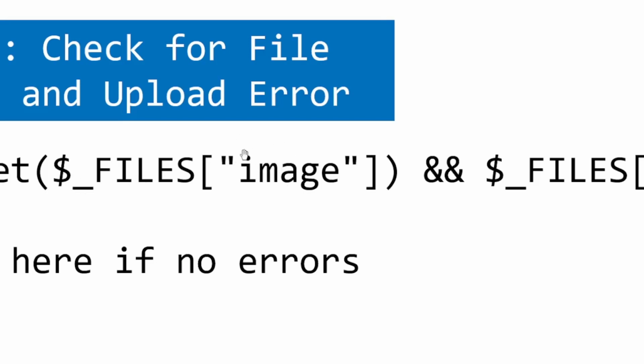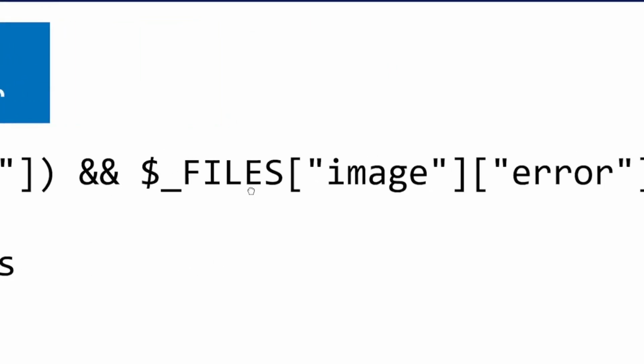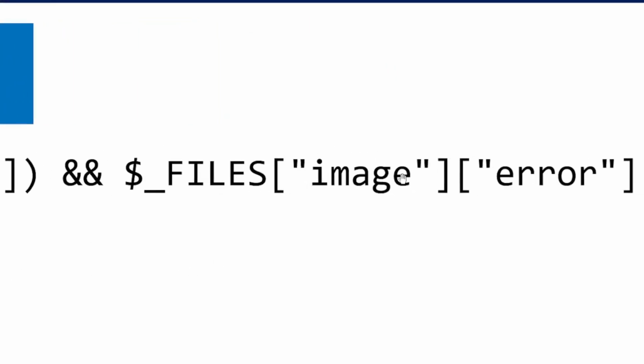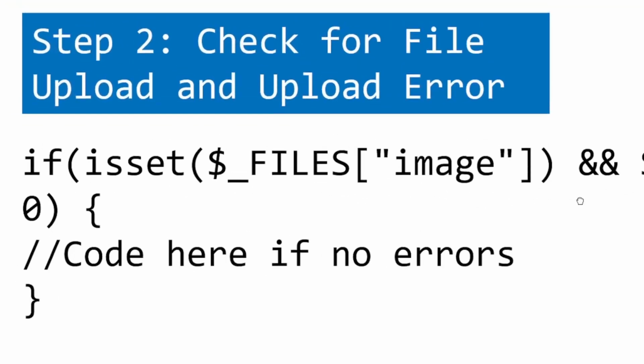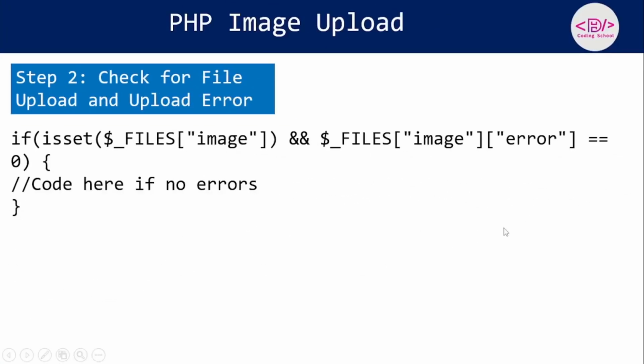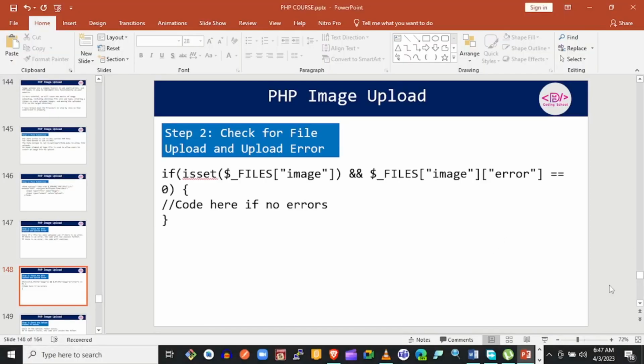If files has this image, the first item in its associative array, it is there, and we also go ahead and check if the error is equal to 0.